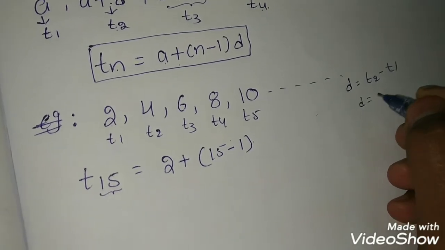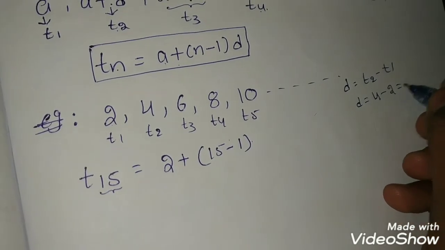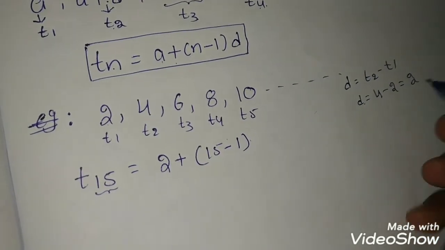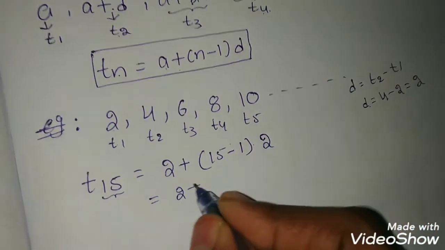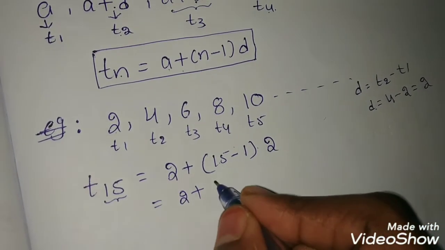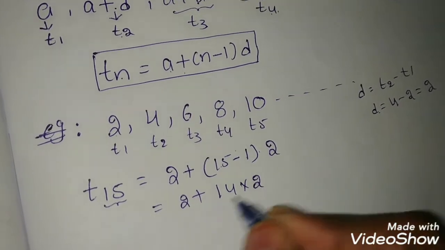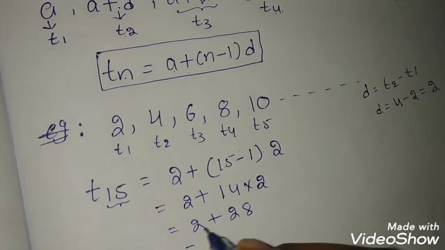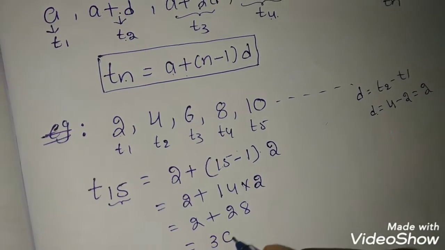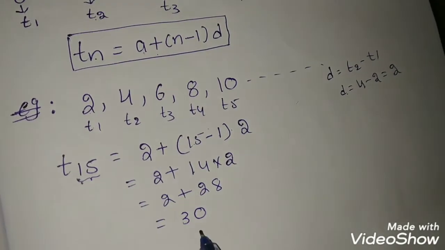T2 is 4, minus 2, so d is 2. Solve this. 15 minus 1 is 14, into 2. So 2 plus 14 twos are 28. 28 plus 2 is 30. So our 15th term is 30.